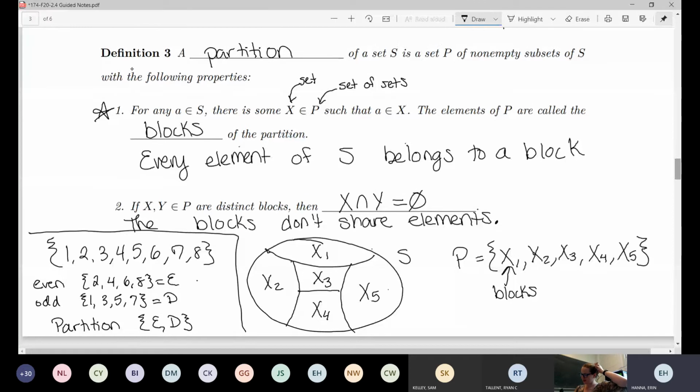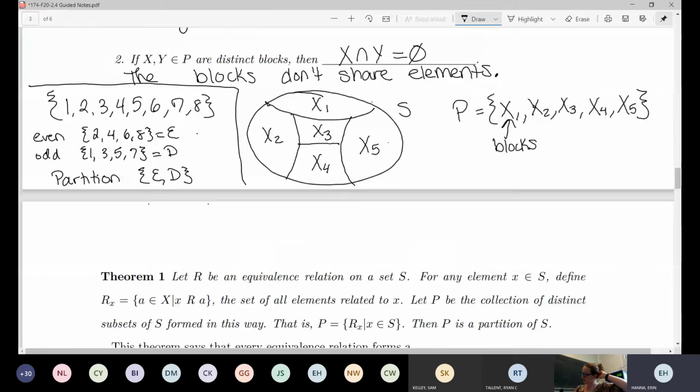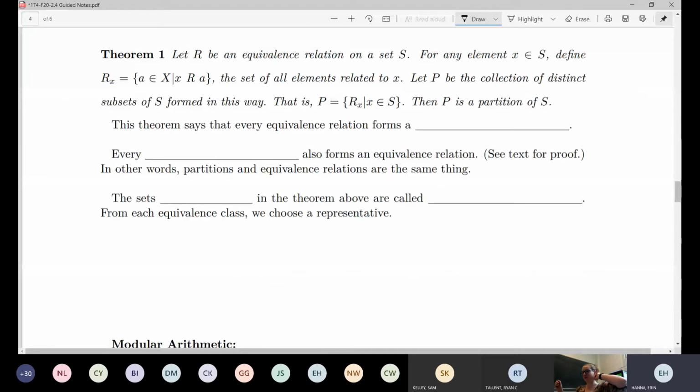Now, the next thing is a theorem. And of course, theorems in math always look terrifying, but I tried to tell you what it says in plain English down here.